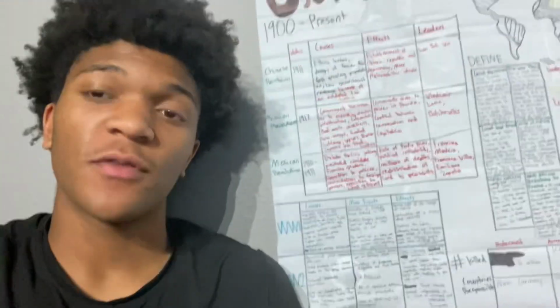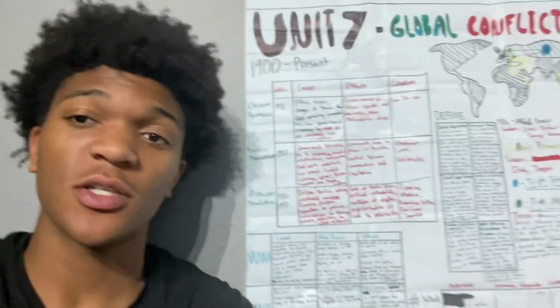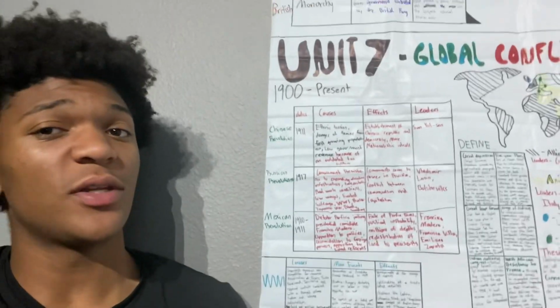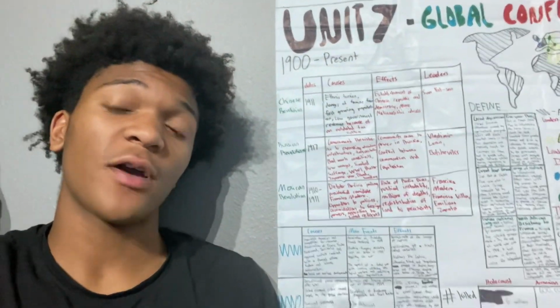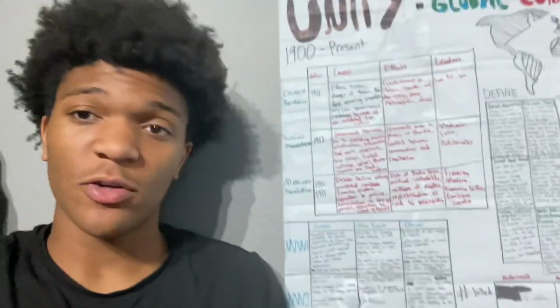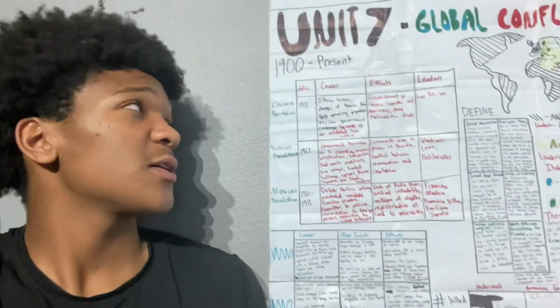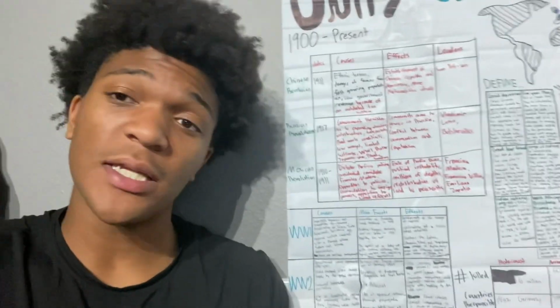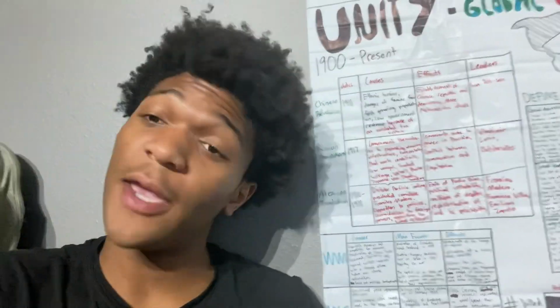In terms of continuities and changes within a certain world period, I used Unit 7, the global conflict. Of course, between 1900 and the present, you have continuities in international violence, global conflicts like the Chinese, Russian, and Mexican Revolutions, the two world wars, as well as the Holocaust and genocide in Cambodia, Rwanda, and Armenia.